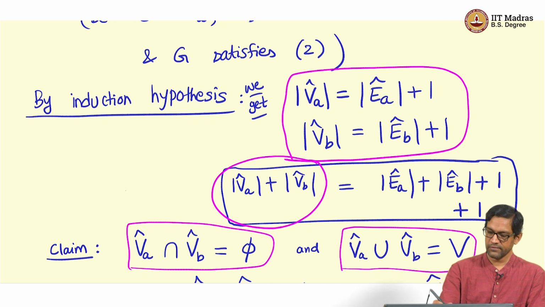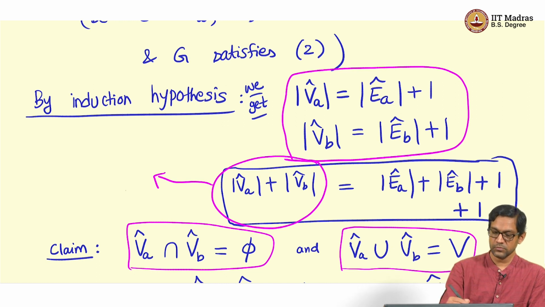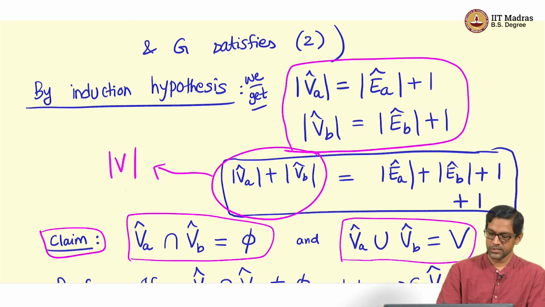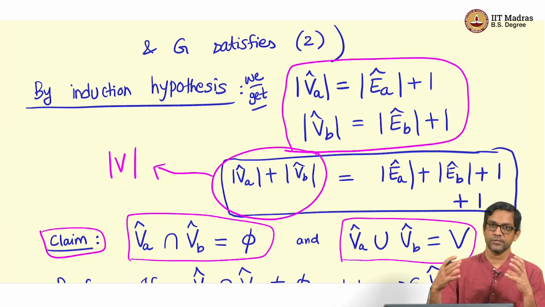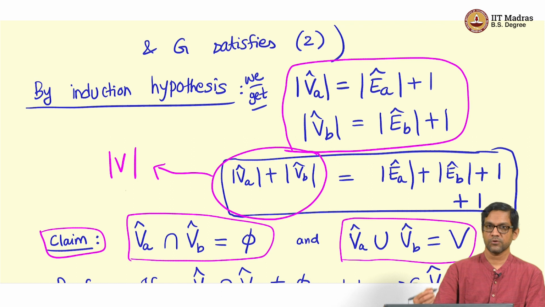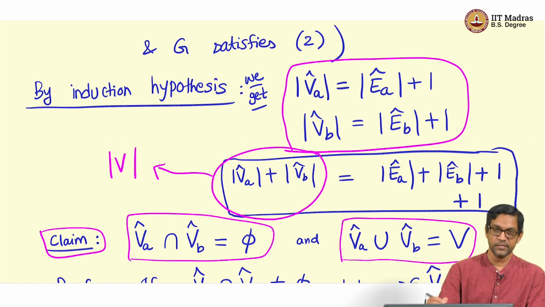But now the left hand side, VA hat plus VB hat, is equal to the total cardinality of V, right. Why? Because of this claim: VA hat and VB hat have empty intersection and their union is the whole thing. This is sometimes what we call a set partition. We have got the set V which we have partitioned into two disjoint subsets. So, the total number of elements of VA hat and VB hat will exactly be the cardinality of V.